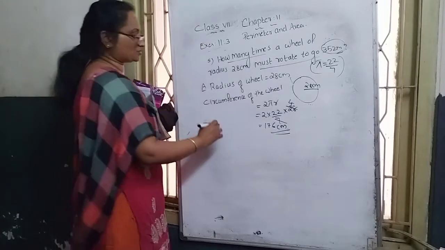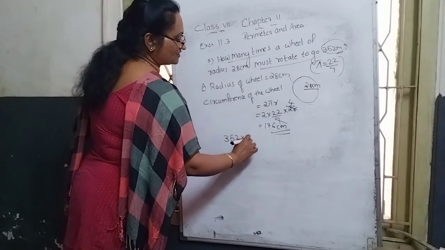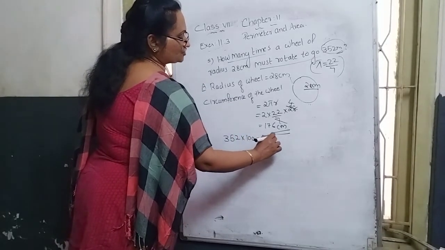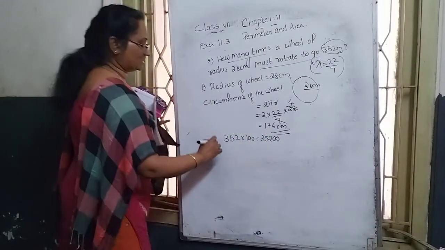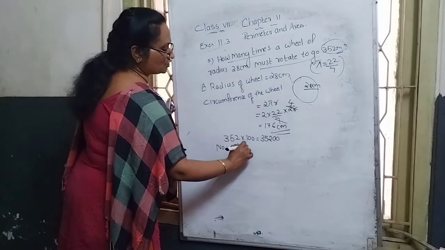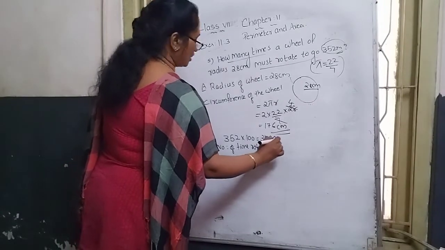Convert 352 meter to centimeter by multiplying with 100. So it becomes 35200.